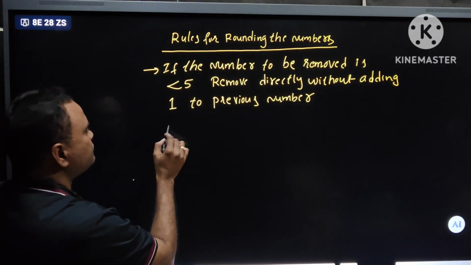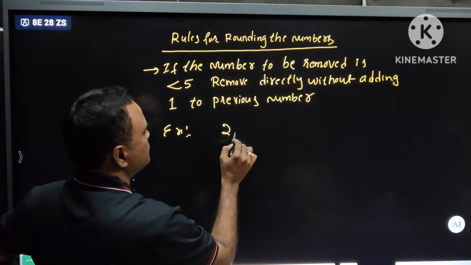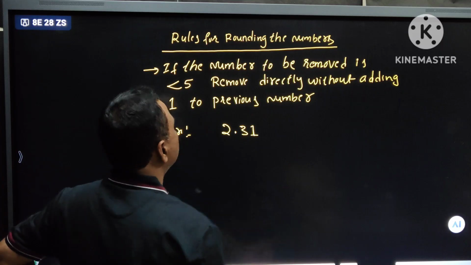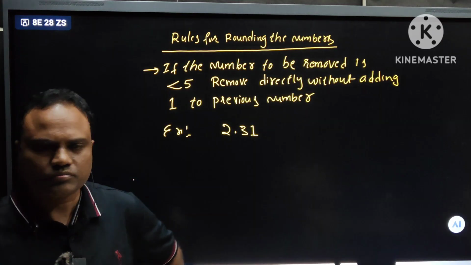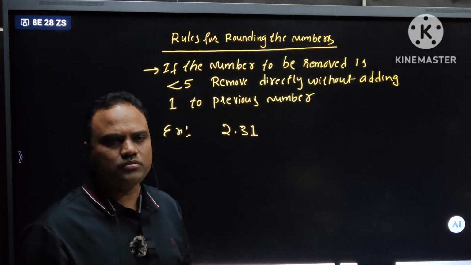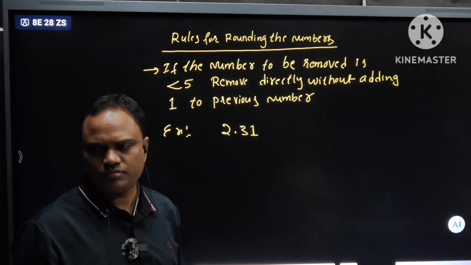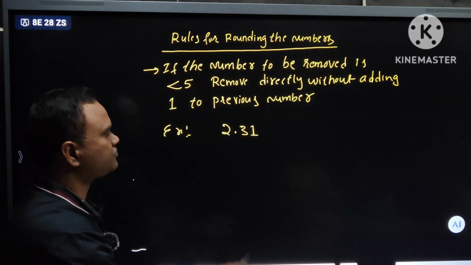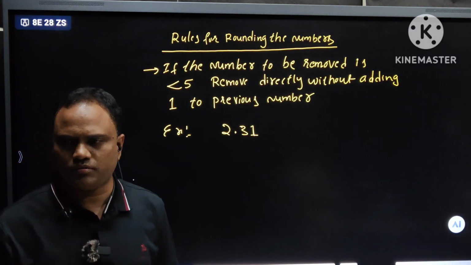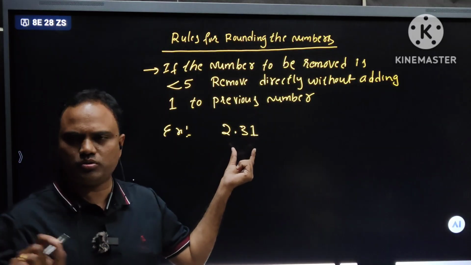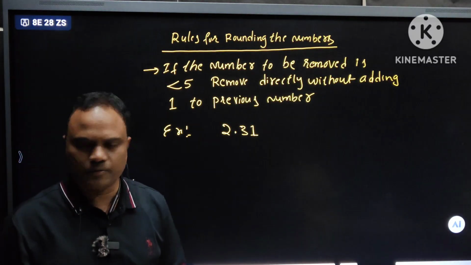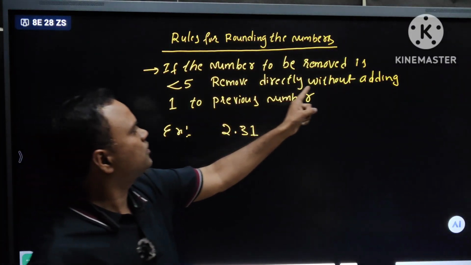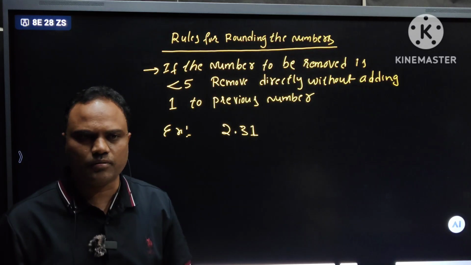Look at this, I am giving one example: 2.31. Let us round up to 2 significant figures. Means we have to keep 3 only. What we have to remove now? 1. Once the number to be removed is less than 5, remove directly without adding 1 to the previous number.